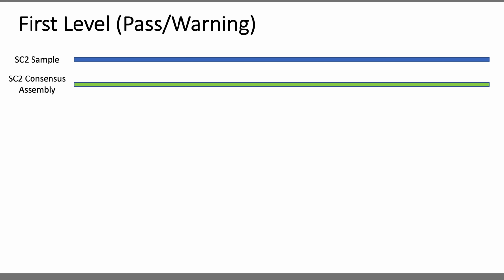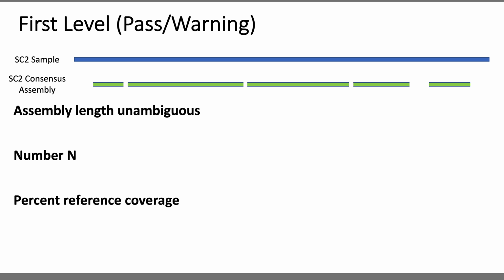Of course, we rarely hit this mark, and instead we generate a fragmented representation of the original SARS-CoV-2 genome in your wet lab sample. So what these first level metrics try to gauge is how fragmented our consensus genome assembly is relative to the original SARS-CoV-2 sample sequence. And all 3 of these metrics are a different way to assess that.